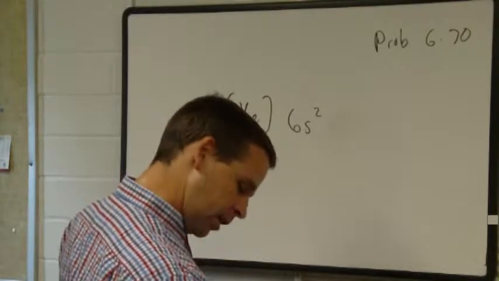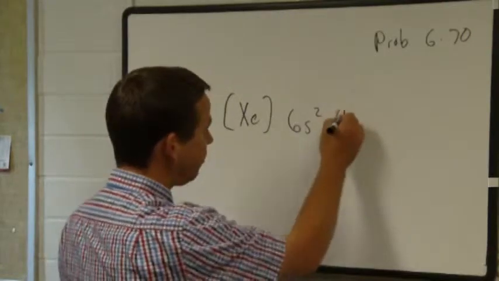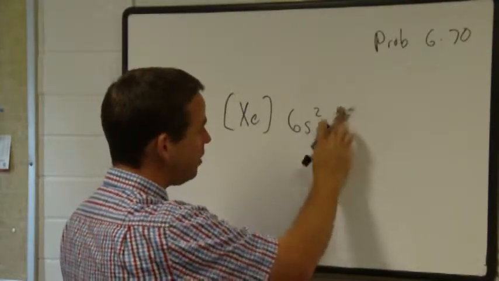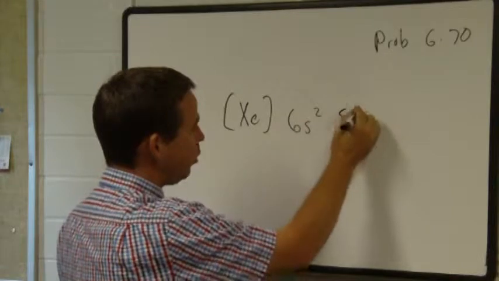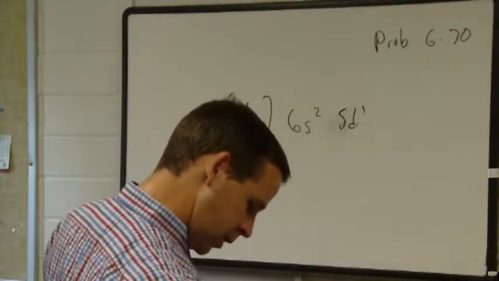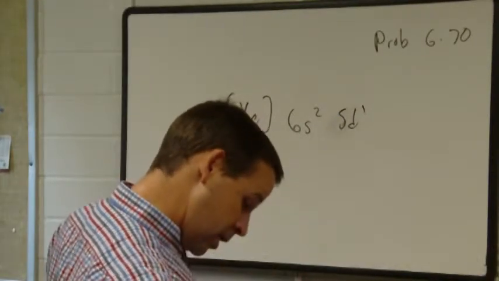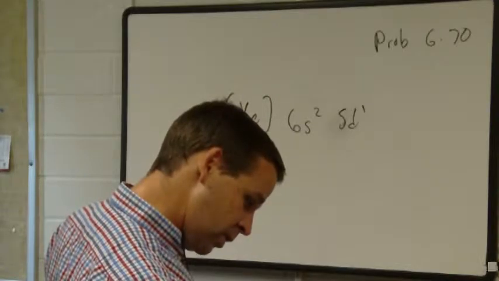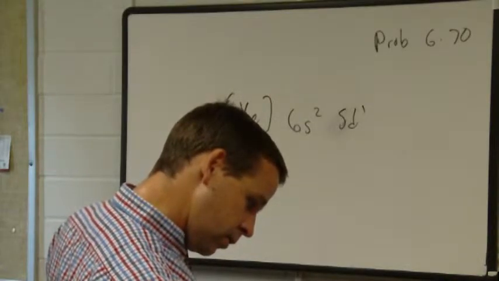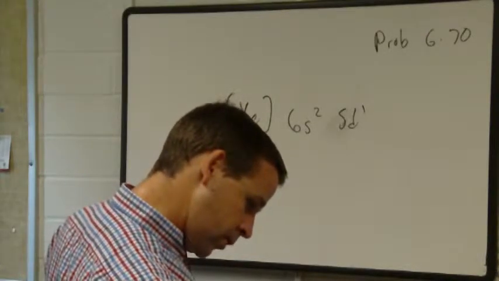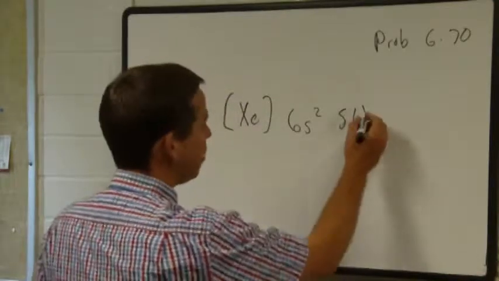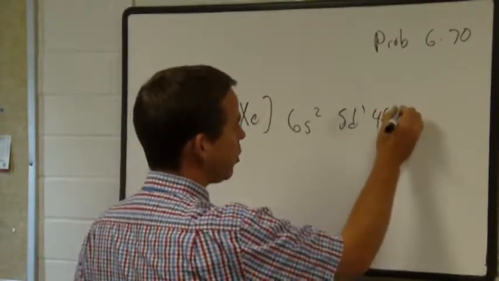And then we need to have a 5d. 5d1 for lanthanum, that's 57. And then we go 58 to 71. 58 to 71 is 4f, and there's 14 there.